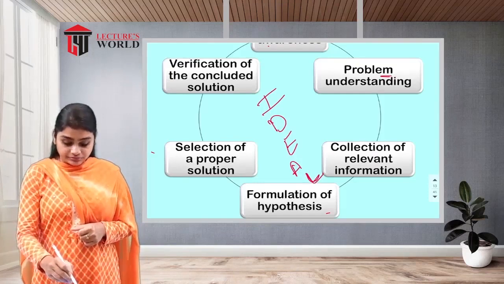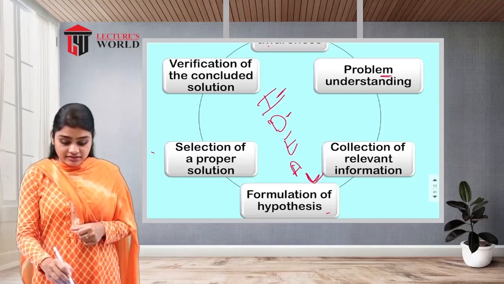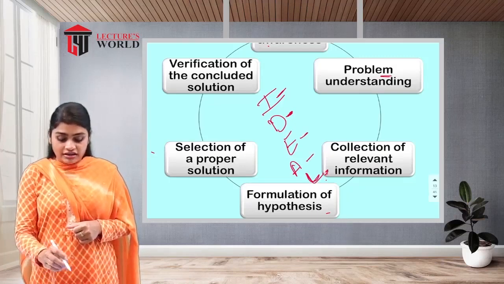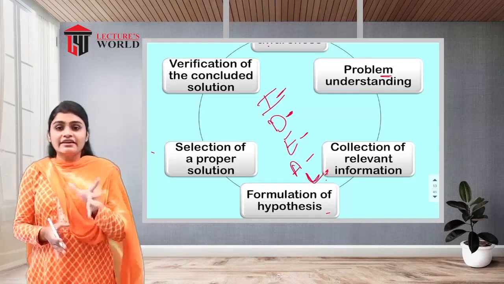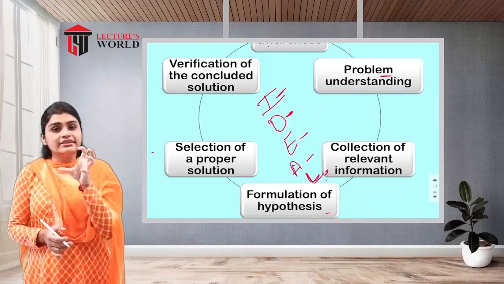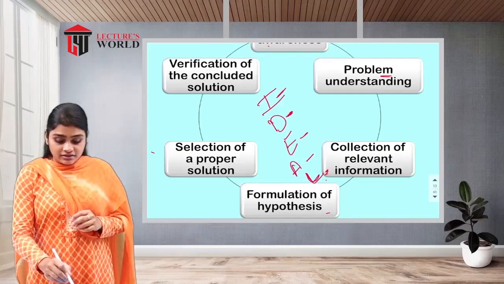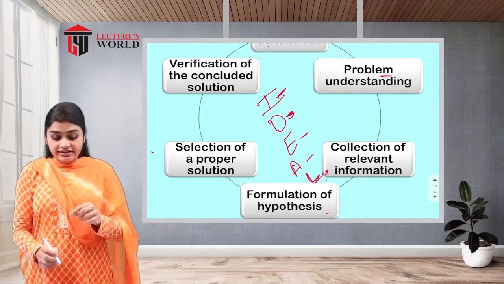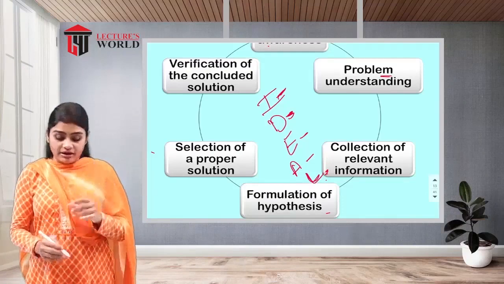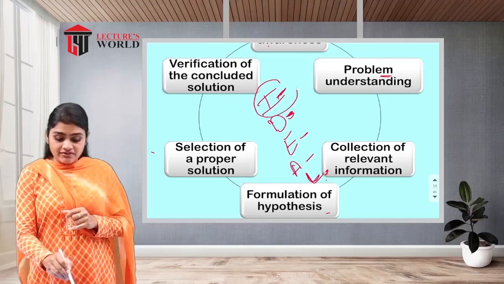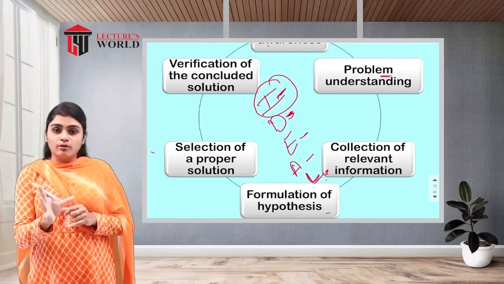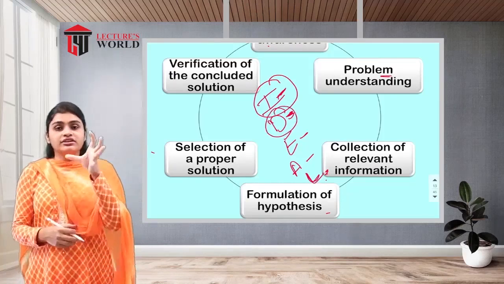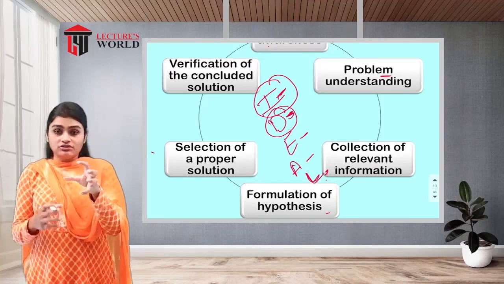IDEAL, the first step, then second is D, E, A and L. The first I means identifying the problem, what exactly the problem is. Then D is defining the problem. So first we identify what actually the problem is. Then we define that problem, what we need to do to solve that problem.